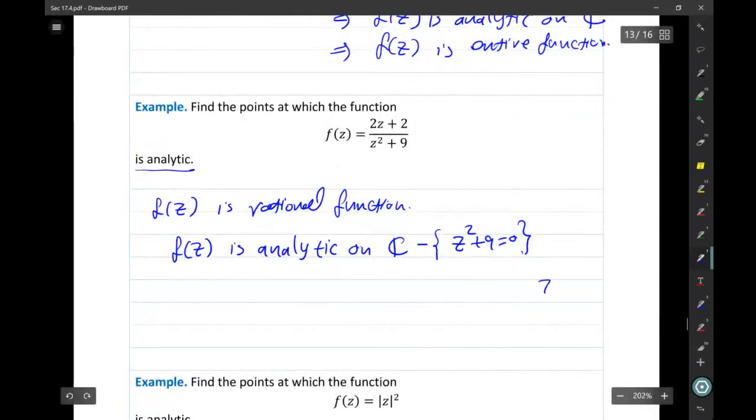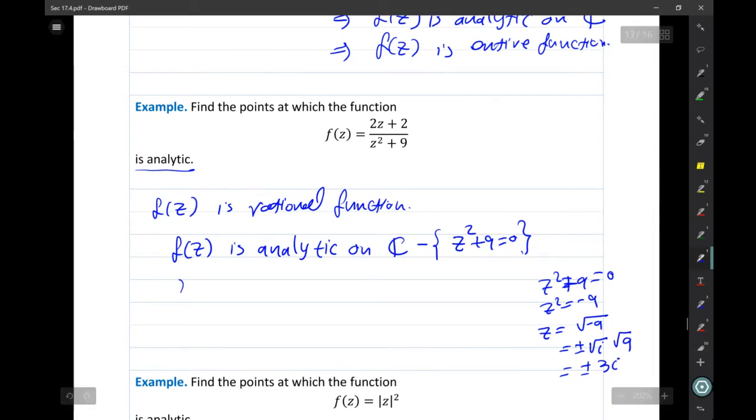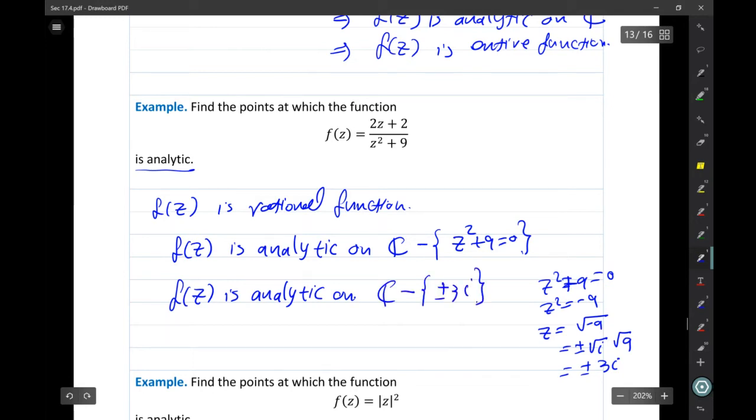Let us solve it. z squared is equal to minus 9, so z is equal to plus or minus the square root of minus 9, which is plus or minus 3i. So the function f of z is analytic on the set of all complex numbers except plus or minus 3i, because they are the zeros of the denominator.